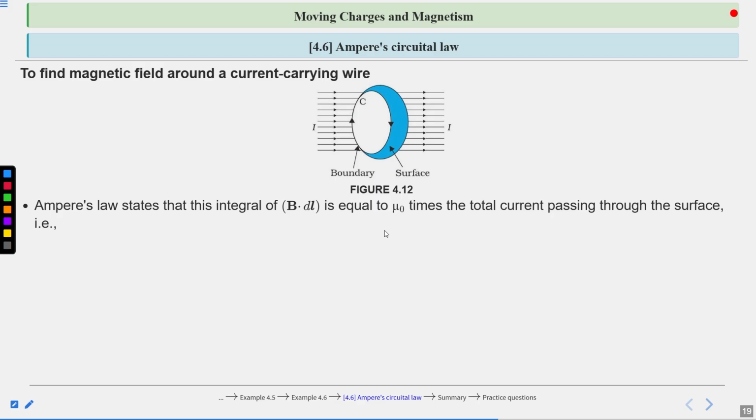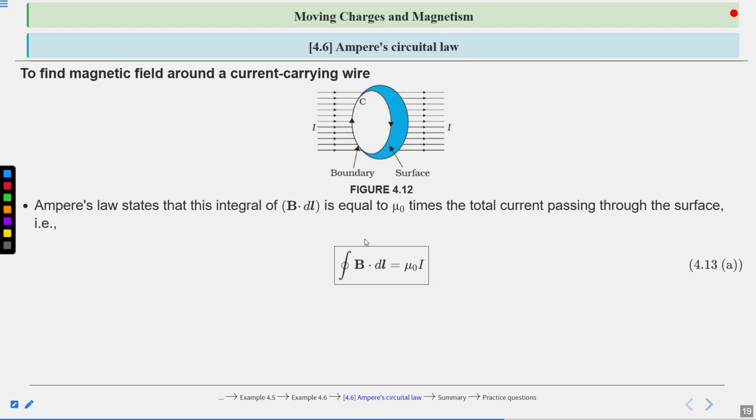That was the Gauss law. So Ampere's law somewhat resembles Gauss law; it is analogous to it. Ampere's law states that the integral of B dot dl is equal to mu naught times the total current passing through the surface.